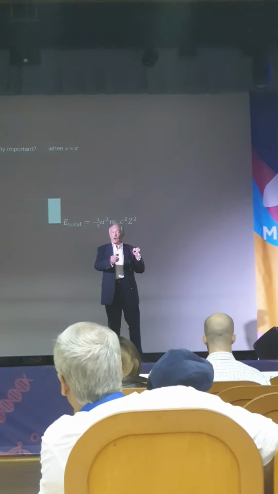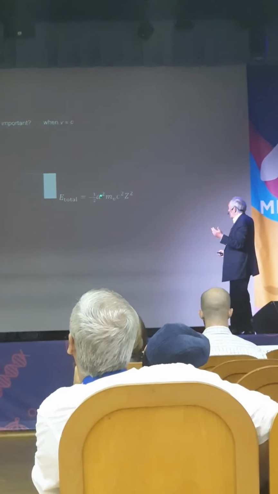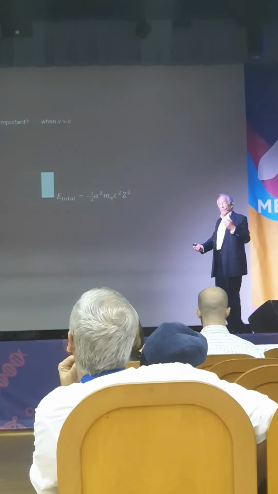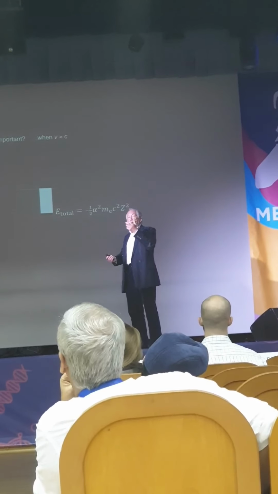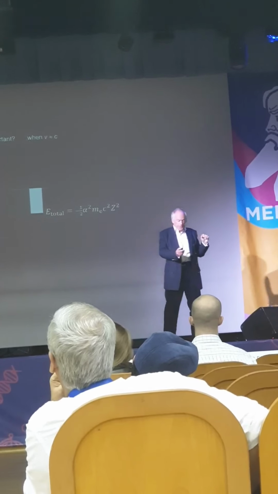The name should be something like the electromagnetic coupling constant, because alpha, which has the value of 1 divided by 137, is a measure of the strength by which a charge couples to the surrounding electromagnetic field.